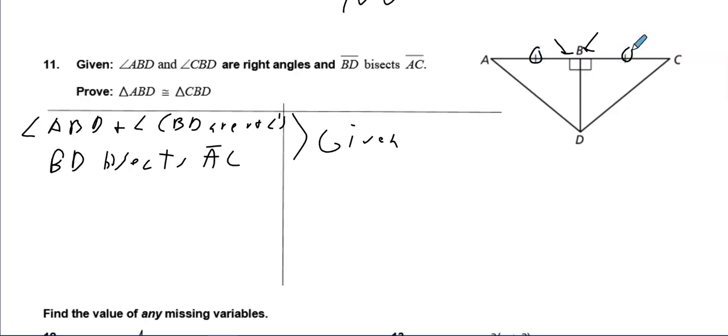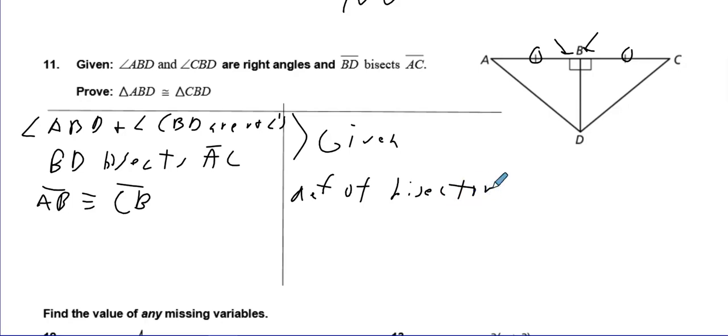But we still need to say that. So we just say AB is congruent to CB. And that's just the definition of a bisector. Okay? So you know those two parts are congruent.